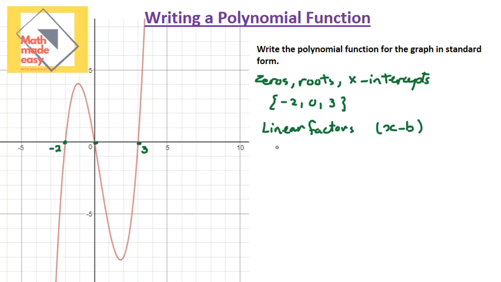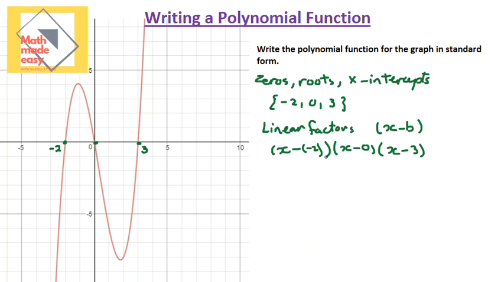So if I want to write the linear factors for this graph, my first one is going to be x minus -2, my first point. The other one is going to be x minus 0, the second 0 we found, and x minus 3, which is the third 0 we found. Okay? These are the linear factors.